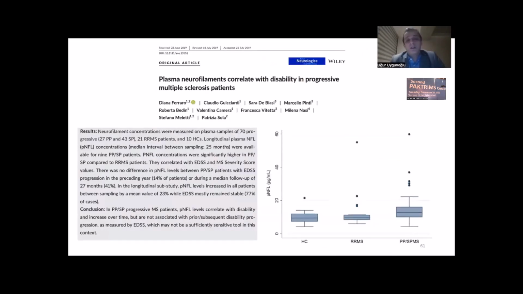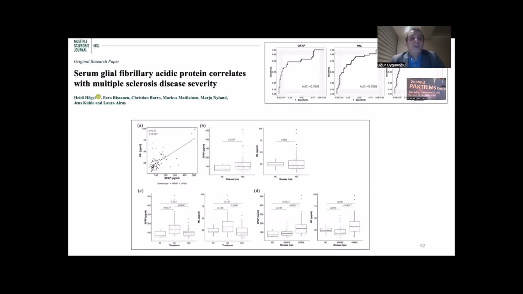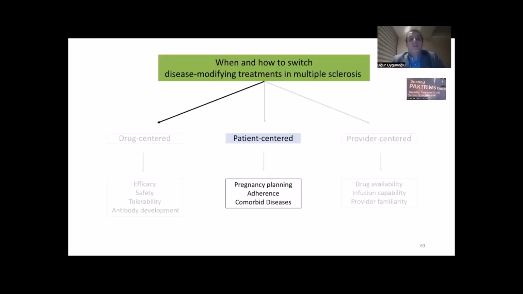Another part is laboratory biomarkers. In our center, we are detecting plasma neurofilament light chain. It might be a helpful tool if we combine neurofilament light chain with clinical predictors and MRI predictors for determining progressive MS. The other one is serum glial fibrillary acidic protein, which might correlate with multiple sclerosis disease severity.